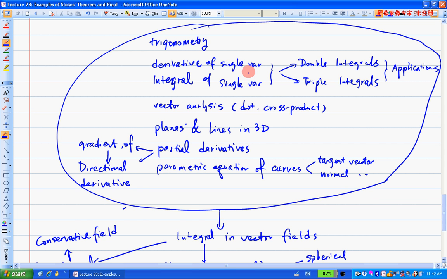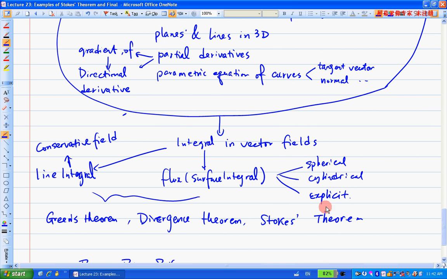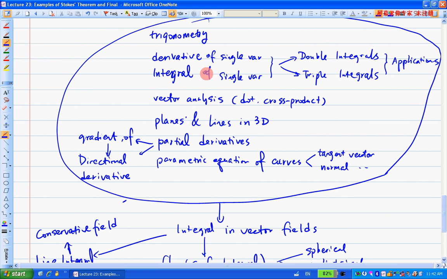As I said, the final exam is not cumulative. However, particularly the last three, divergence theorem, Green's theorem, and Stokes' theorem, you will have questions coming out of those. So what do you need? You need to know how to calculate partial derivatives, lines, planes, vector analysis, all of these things.